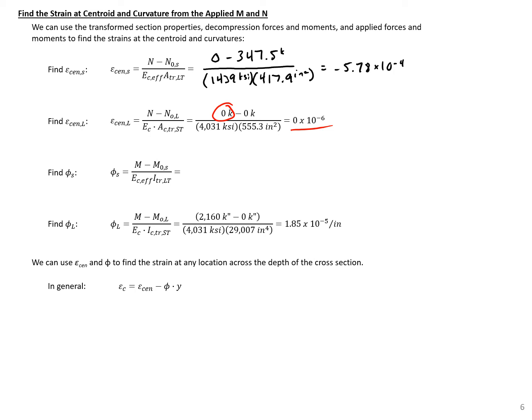Then we can plug in our values to find our curvature due to our sustained loads.